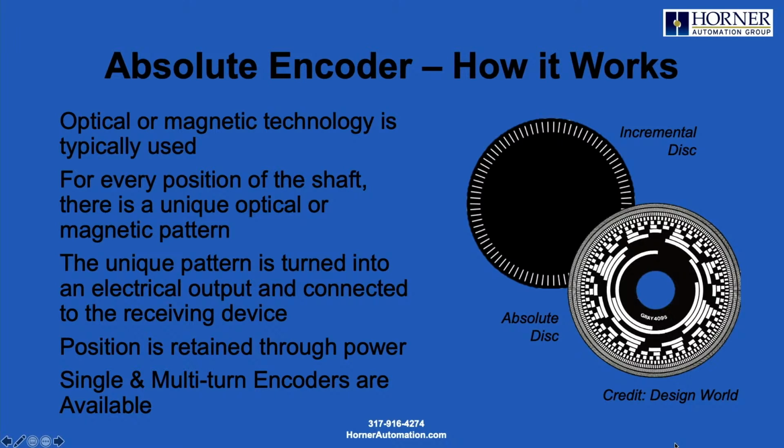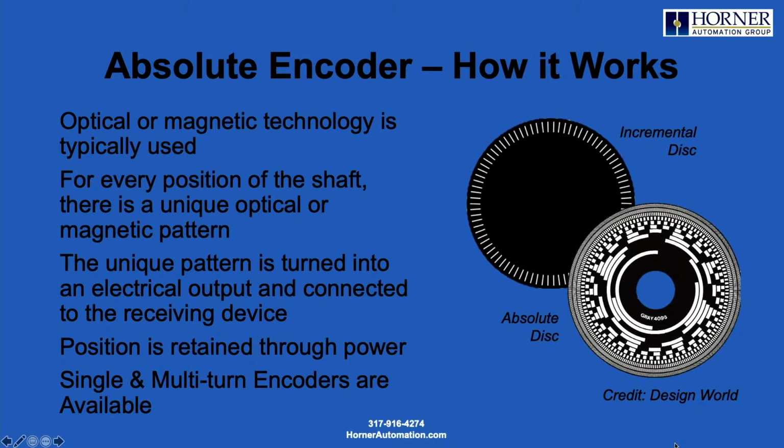Now, in the case of an absolute disk, whenever there is a pattern shining through onto the photodetector, you're going to get a unique pattern. Okay, and if you get a unique pattern, regardless of the positioning of the shaft, then you know precisely what the position of that shaft is.